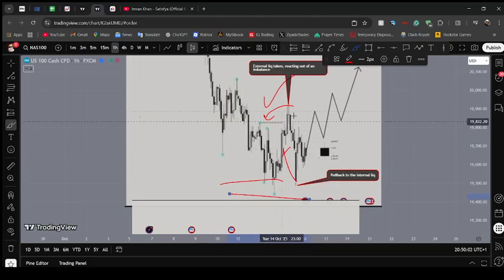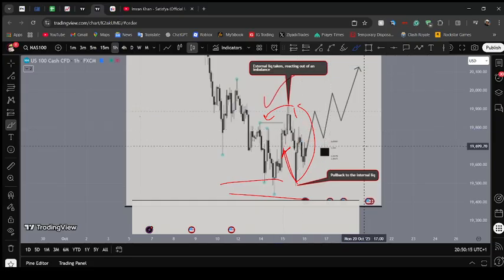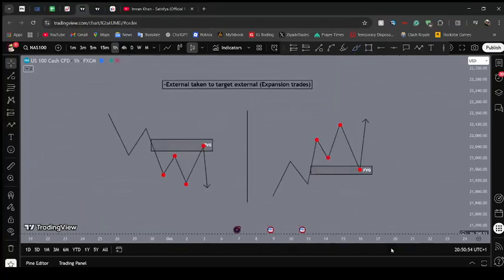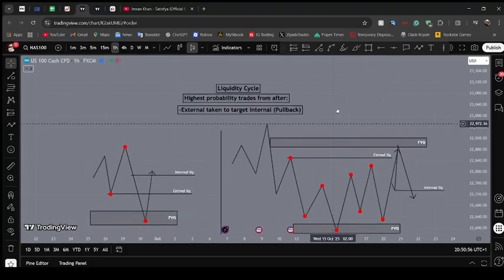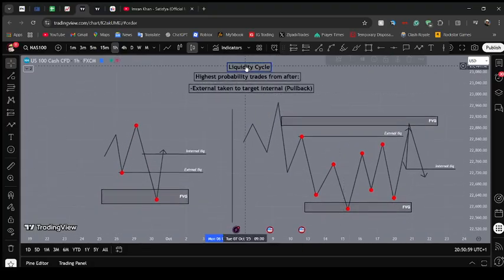Let's say this one swept this internal, and then from here it was already right for you to target this external high. But again, set your break-even point somewhere here in the internals. So this is how the highest probability trades happen, only after these three liquidity cycles that I just mentioned.